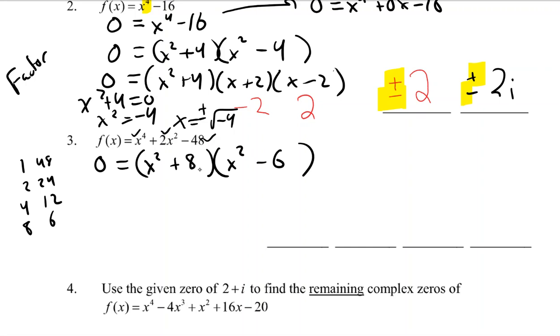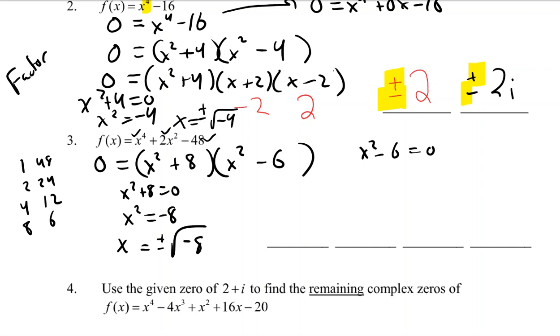Now, these don't factor further, but that's okay because I can still set this equal to 0 and solve. I'm not going to need the quadratic formula for that. And I can set this one equal to 0 and solve. Over here, we can subtract 8 and take the square root of both sides. Square root of both sides is plus or minus. Over here, we can add 6 and take the square root of both sides, again plus or minus.